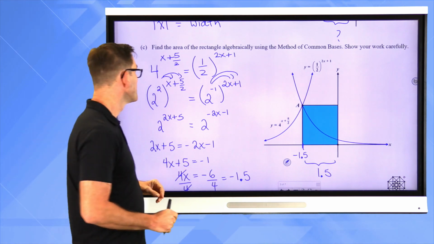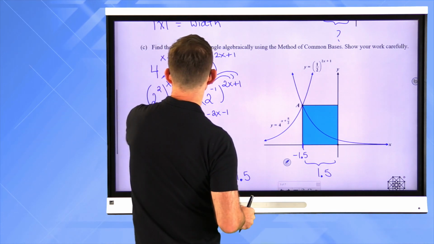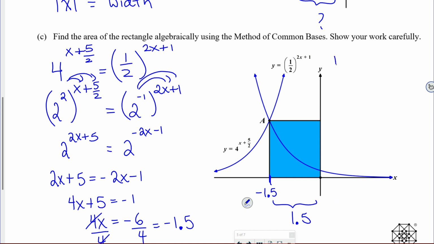Maybe I'll substitute it into y equals 1/2 to the 2x plus 1. Actually, that's going to be kind of obnoxious because it's got that fraction in it. Then again, they all have fractions. But let's substitute it into 4 to the x plus 5 halves.